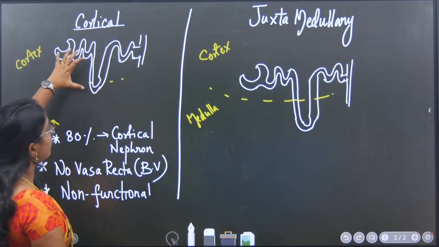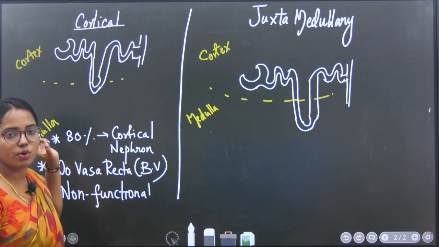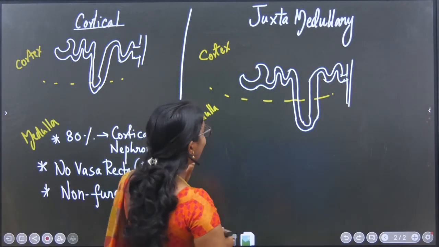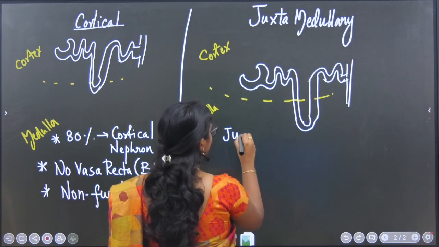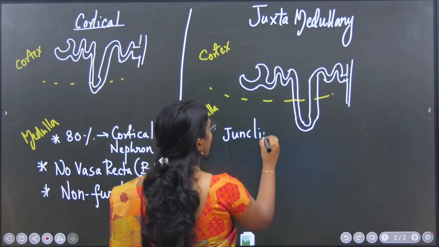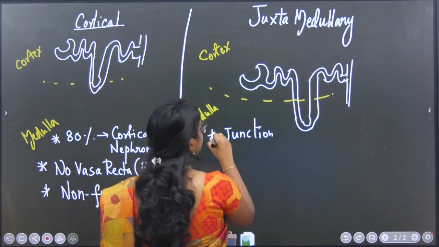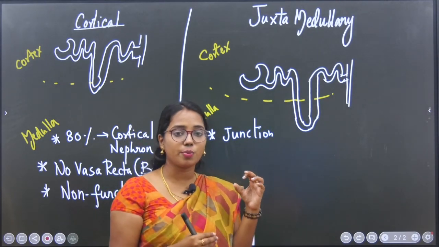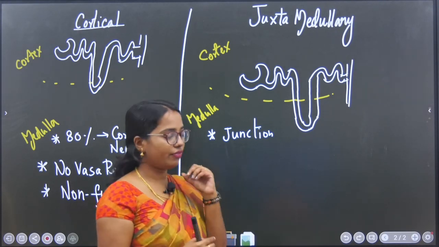In the cortical nephron, the complete nephron is located in the cortex, but the juxtamedullary nephron is present almost at the junction of cortex and medulla. Since it is present at the junction of cortex and medulla, this nephron is called juxtamedullary nephron.